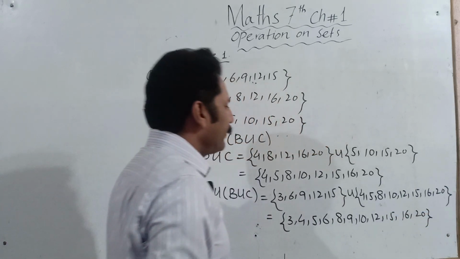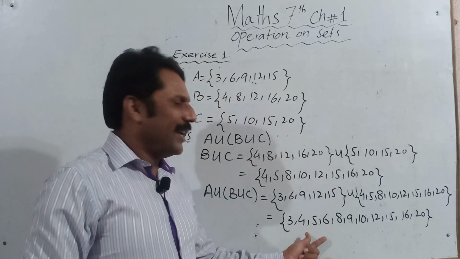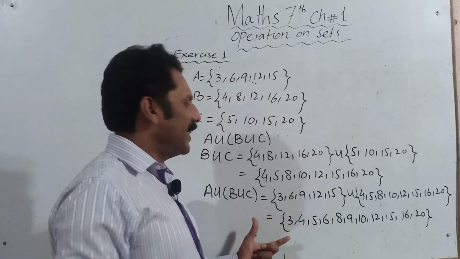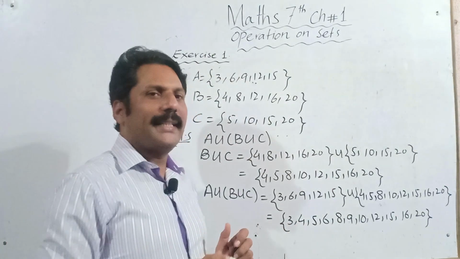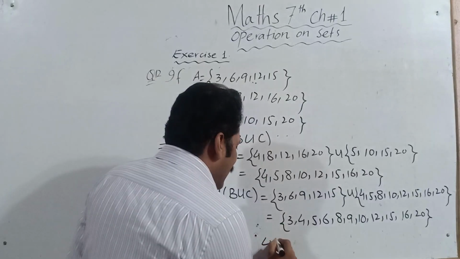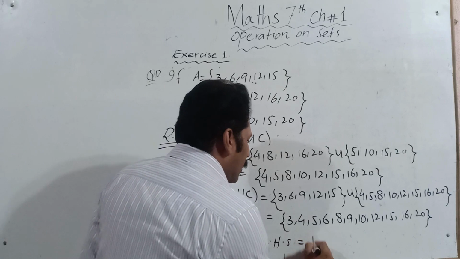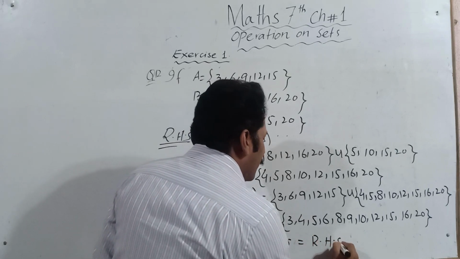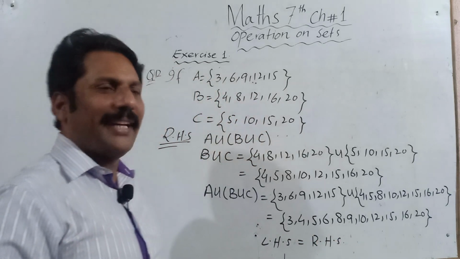Okay, now you can verify that the answer of the left hand side and the answer of the right hand side both are equal. So we will write left hand side equal to right hand side. So it is proved, or it is verified.